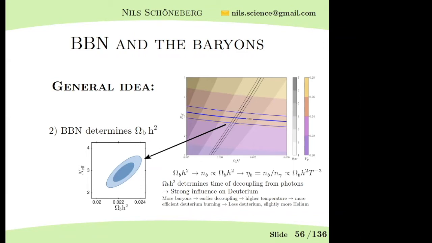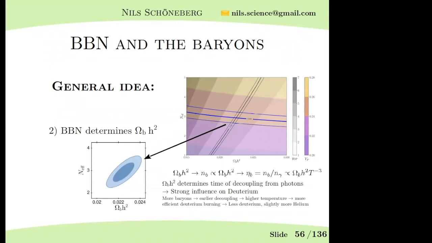So if you have more baryons, you decouple earlier, meaning you have a higher temperature at this point, and your expansion history will be different. That means you have a more efficient deuterium burning, meaning you have less deuterium and slightly more helium. And that's the story of why you get this shape of this line here.